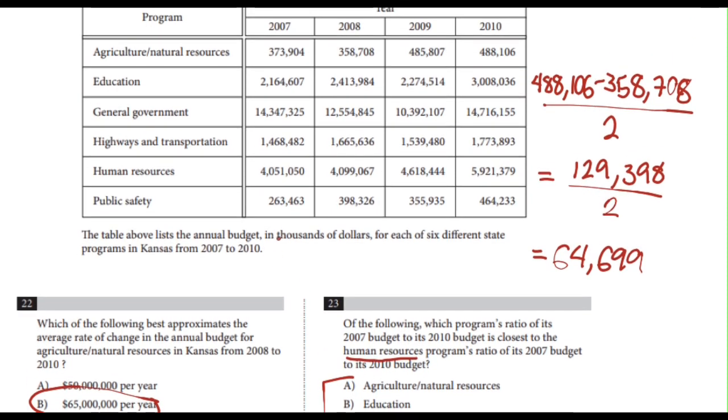So first, for human resources, we're going to divide the 2007 figure, which is 4,051,050, by the 2010 figure, which is 5,921,379. And we're going to get that this ratio is 0.68.